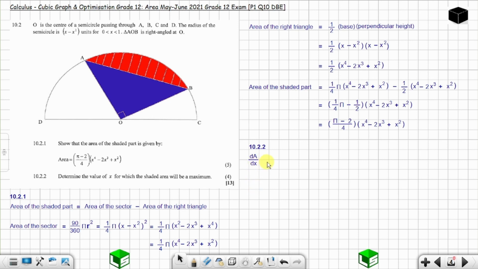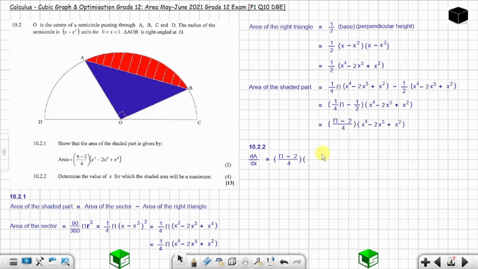This is equal to, so this is the area of the shaded part. So we are going to take the derivative of this. This is a number, pi minus 2 over 4. You can isolate it like this, because this is a number. And then you have x to the power of 4, so the exponent is 4 and the coefficient is 1.